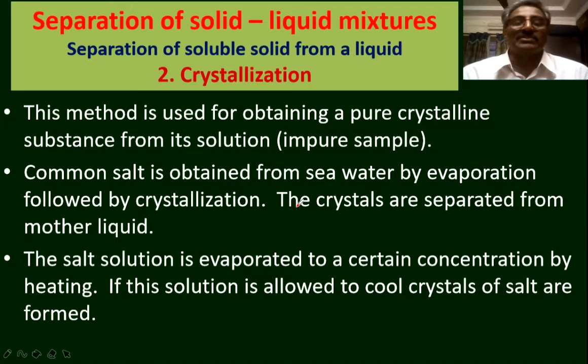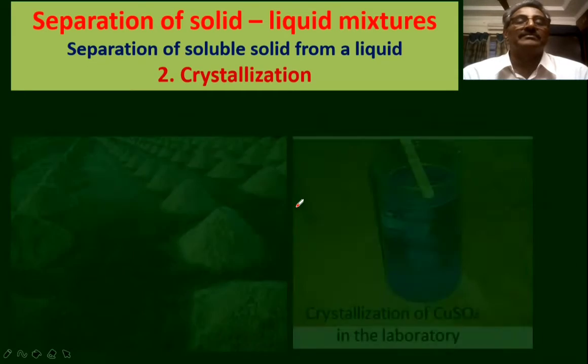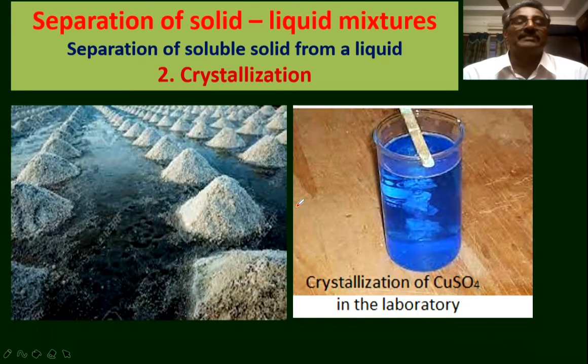The salt solution is evaporated to a certain concentration by heating. If this solution is allowed to cool, crystals of salt are formed. See the formation of salt from seawater in the first picture.